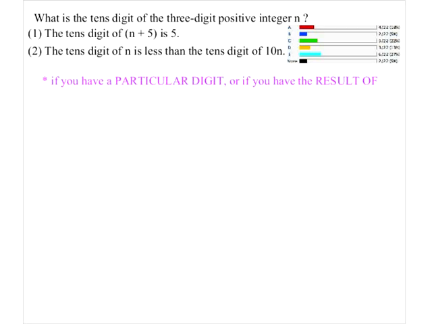The answer is no. Okay, if your tens digit is 5, then that means that you are 50 to 59. Notice it's a 3-digit number, but this has nothing to do with the first digit. So we know that the smallest number that'll do that if it's a 3-digit number is blank 50. And the biggest number that'll do that is blank 59.